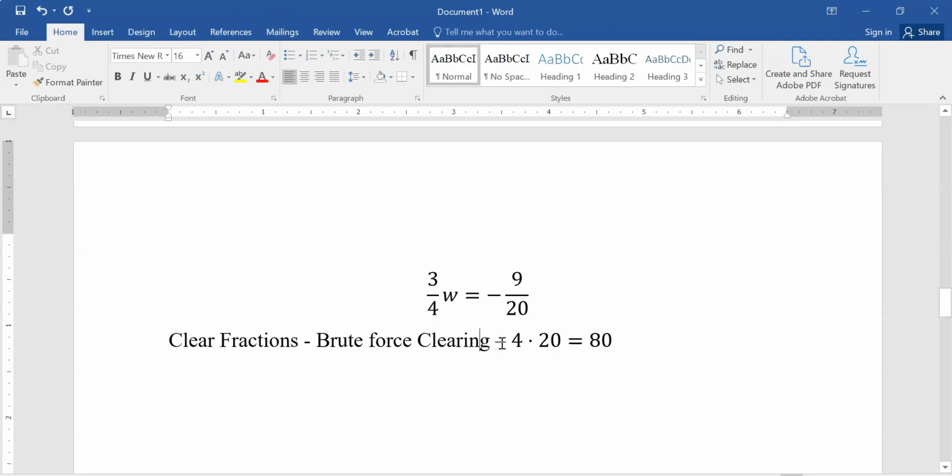Now this will always work. So brute force clearing is always just taking all of the denominators that I see and multiplying them together.